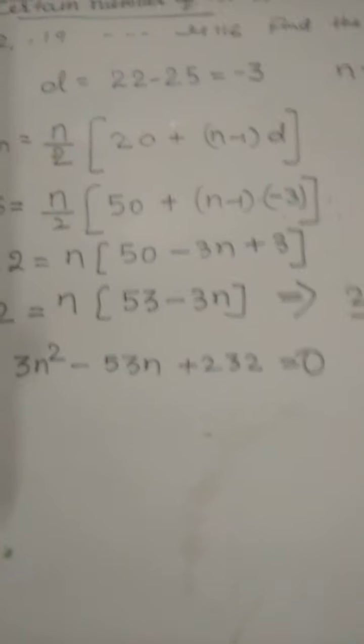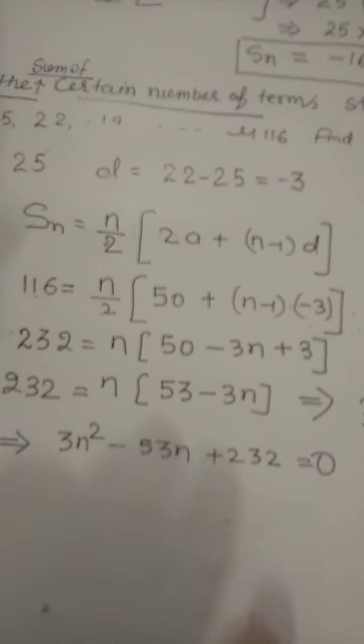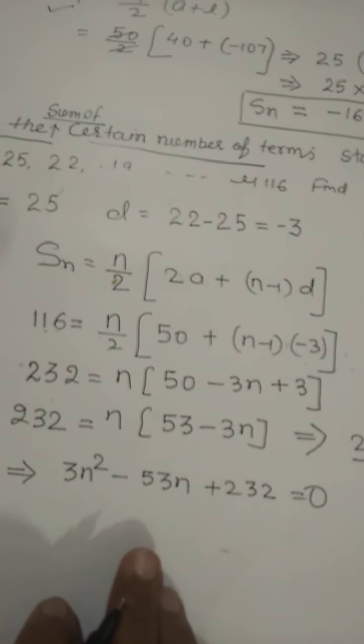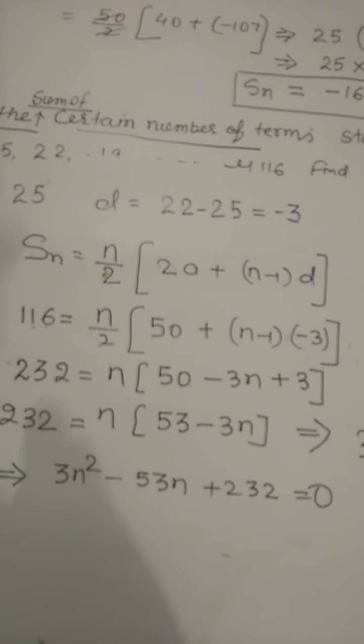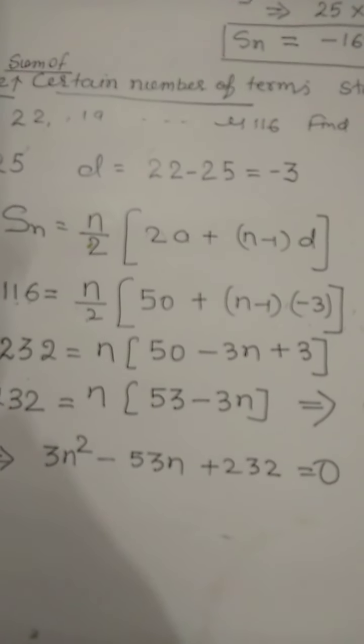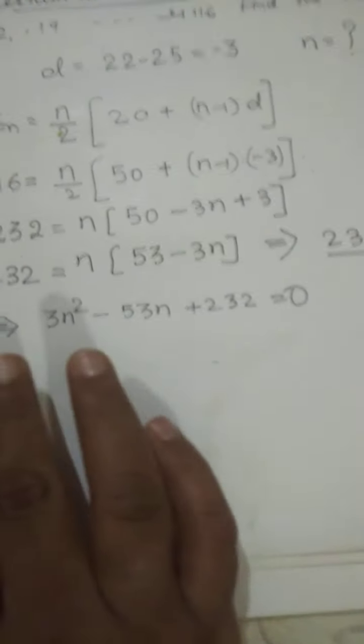So maybe you will use the middle term, or maybe you will go with the quadratic. This is your wish. First of all, check 232 into 3.